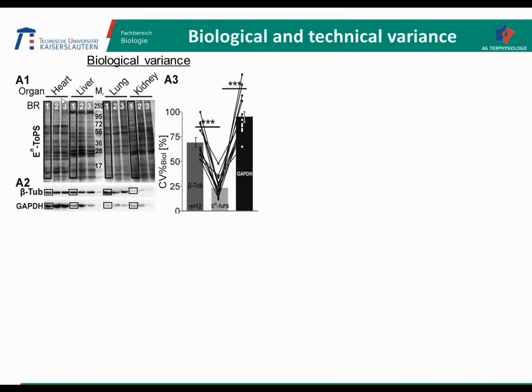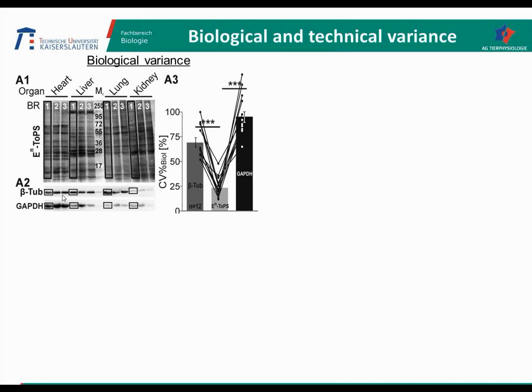We mean here, in this case, that we check the variance across different organs, even different organs of the same animal. Here we compare the signal intensity of total protein staining and of the two housekeeping proteins of the same animal. Animal 1, we compare heart, liver, lung, and kidney.